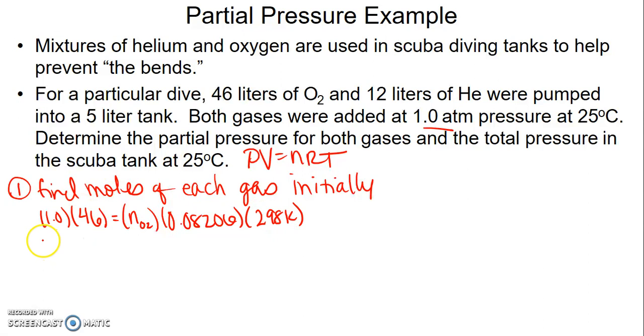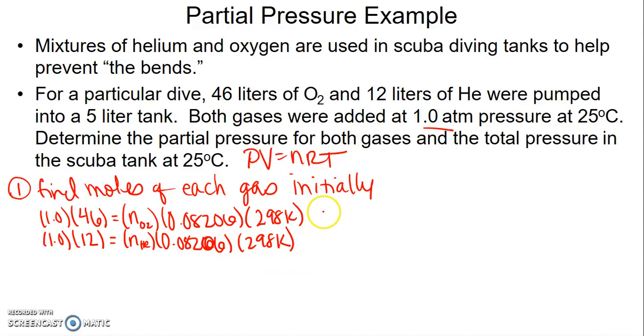Before I do the math, I'm just going to quickly set up the other problem to solve for the moles of helium. So we have 1 atmosphere, and in the question it says we have 12 liters of helium. We're now trying to find the moles of helium, and we're still at 298 Kelvin.